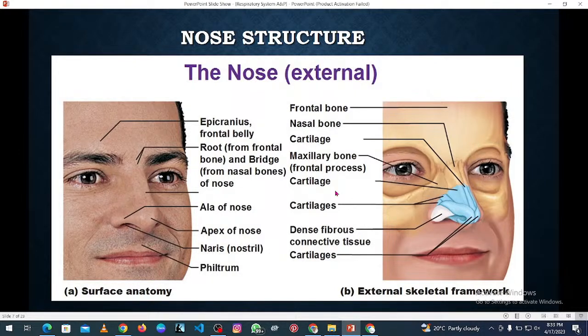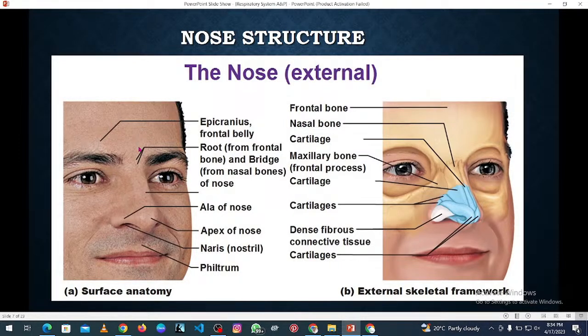These are connective tissues, cartilages and these fibrous connective tissues. They bring cells together and connect them. They are normally firm and flexible. That's why you can always expand and contract the ala of your nose. So that place there is called the ala.